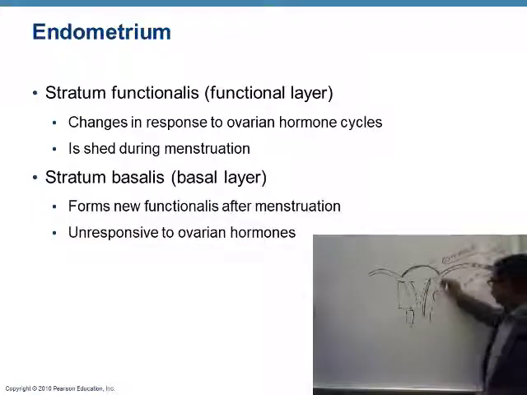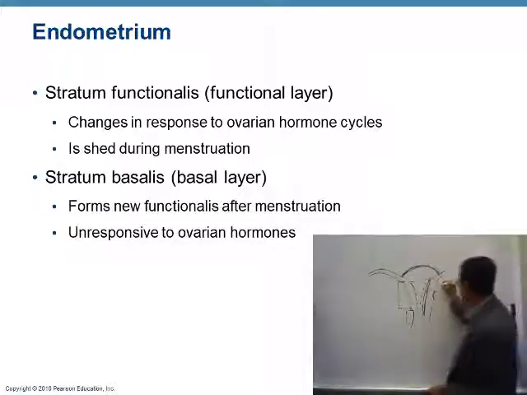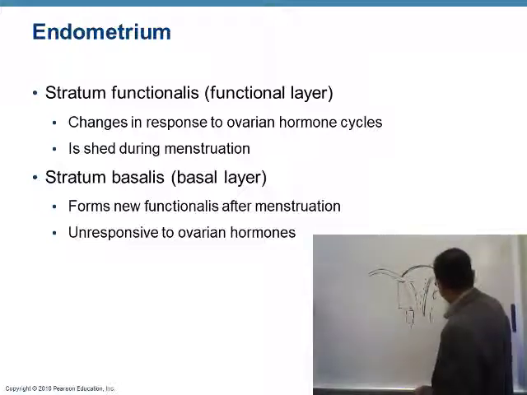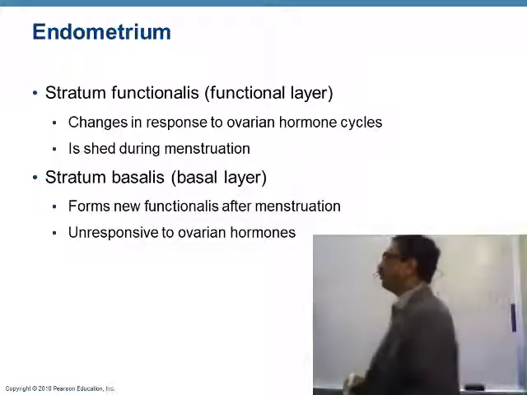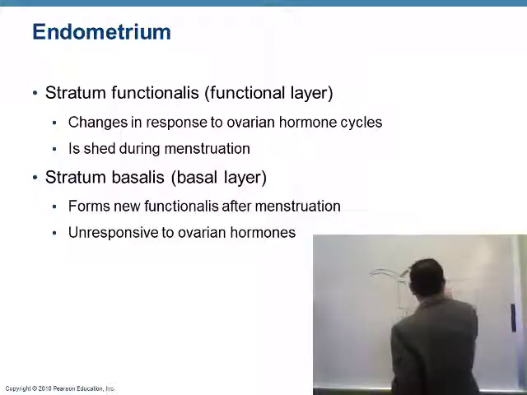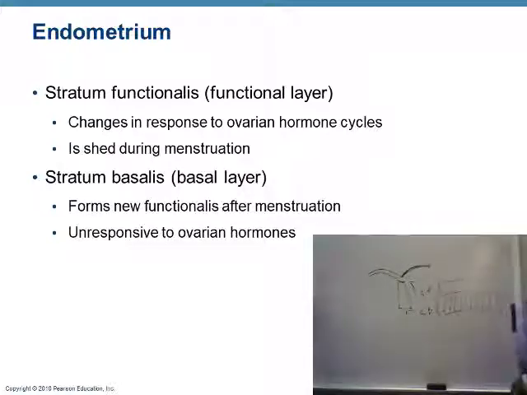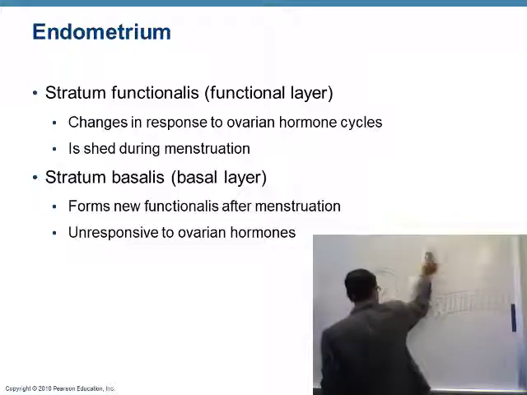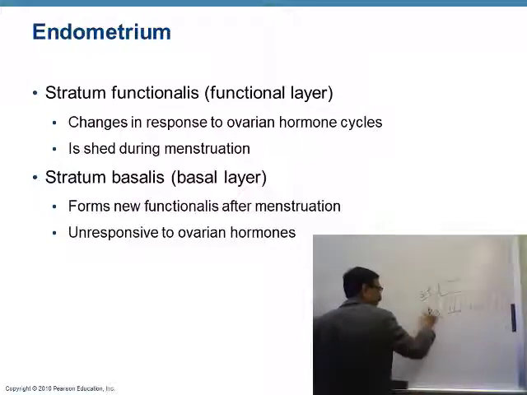What are those two layers of the endometrium? The stratum basalis and stratum functionalis. This is the stratum functionalis and this is the stratum basalis. Remember, we are talking about the innermost layer of the wall of the uterus.